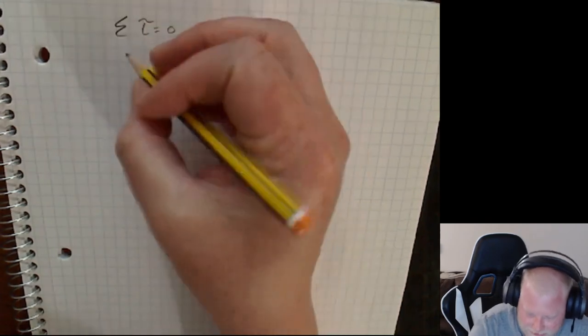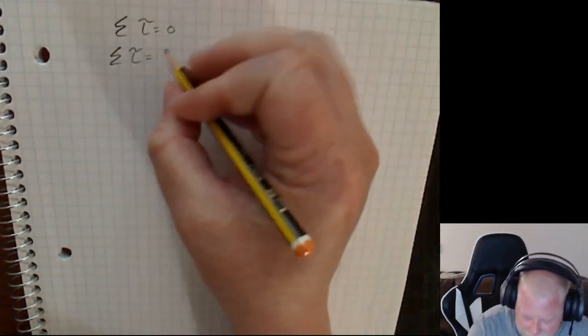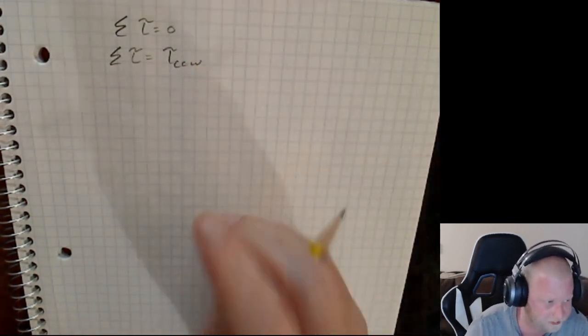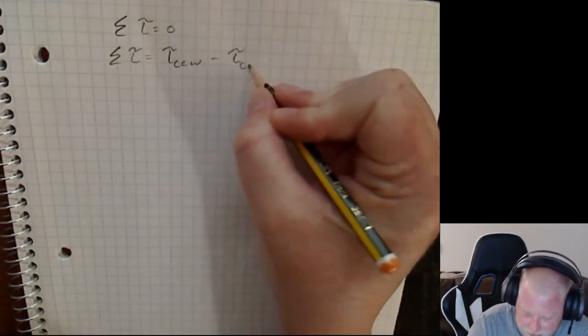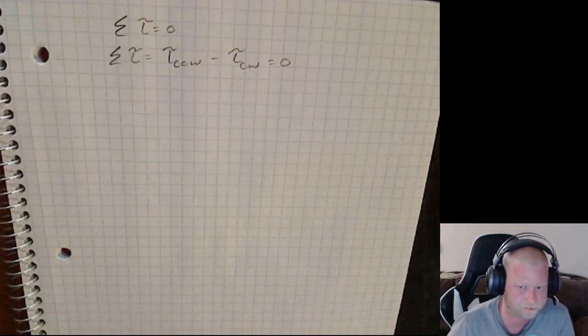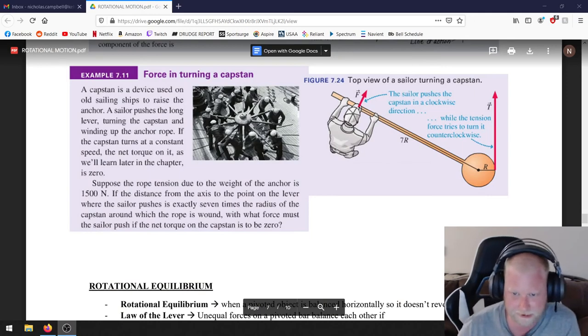Meaning that our net torque is equal to the counterclockwise torque, which would be positive, minus your clockwise torque, which would be negative, and they cancel each other out. If we look at the image again, the sailor is providing a clockwise torque, right?